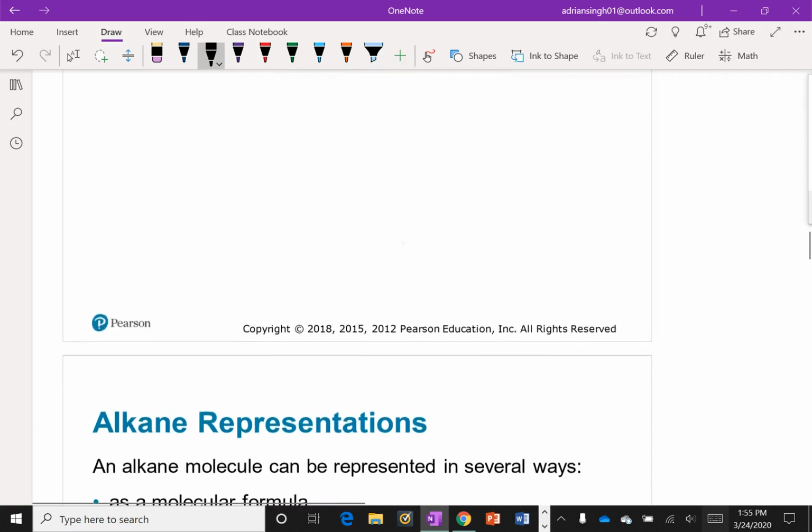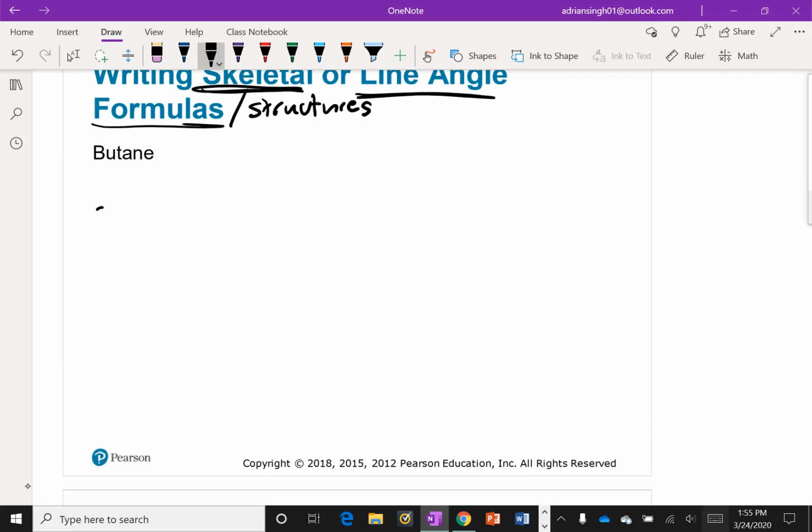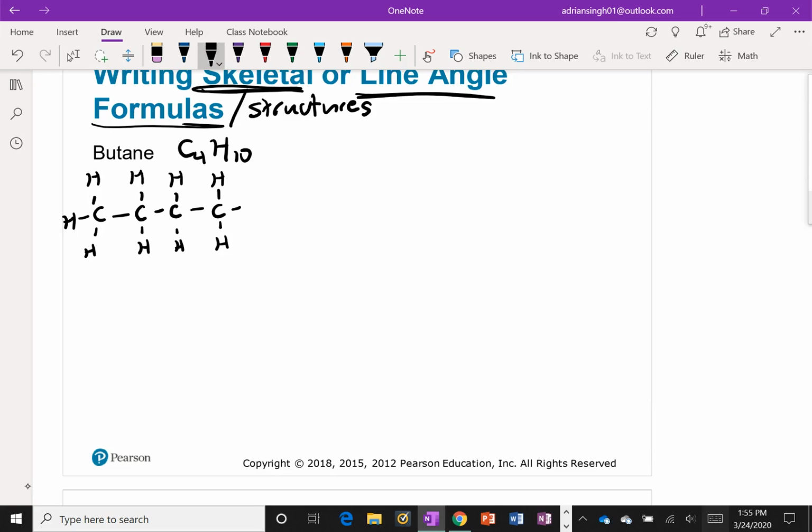So butane has the formula C4H10. There's our expanded structural formula that looks like this. We saw that we can convert that to a condensed structural formula that looks like this.